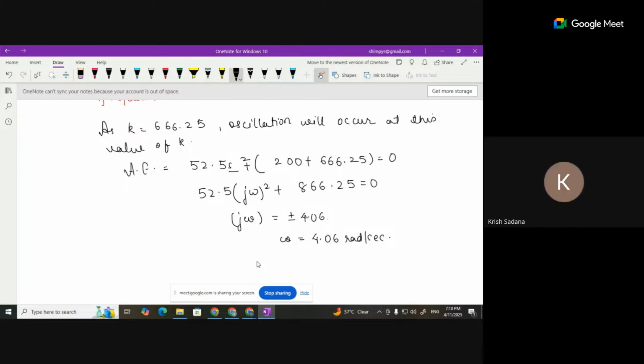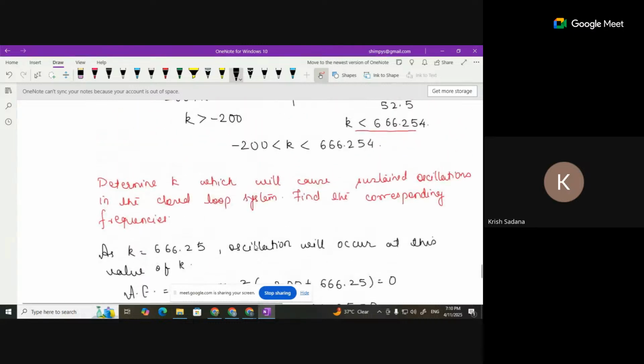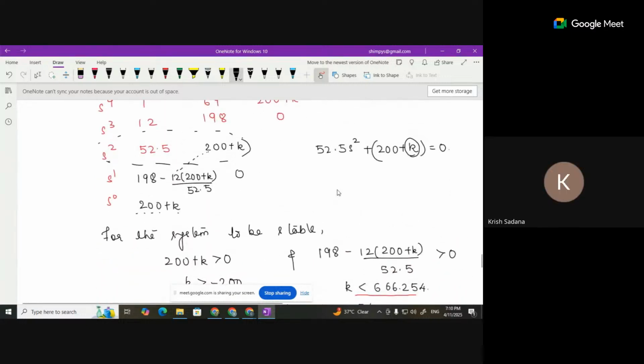Ma'am, how did we know that for the maximum value of k only the oscillation will occur? See, this value we have obtained from which row? We have obtained it from this row, right? So the auxiliary equation is formed from the row just above the row from where we have evaluated the value of k.